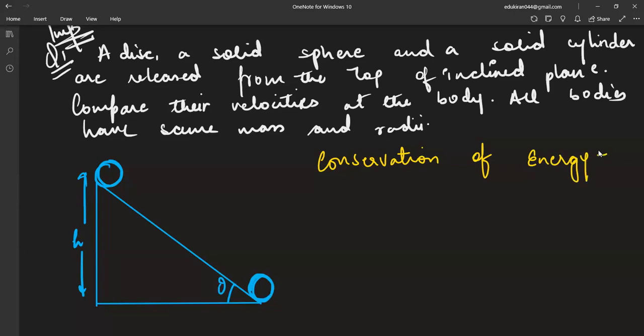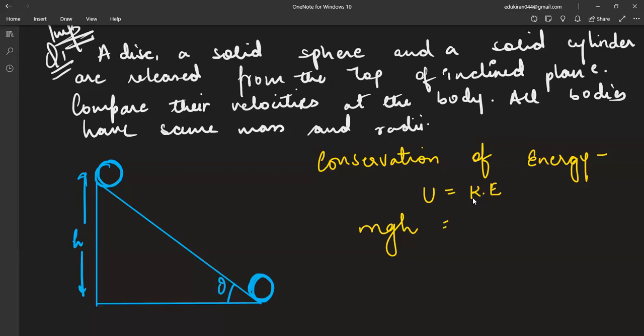From the highest point, potential energy will be converted into kinetic energy. Potential energy will be mgh, height is h, gravitational force acting downwards, m is the mass of the bodies that we have assumed. And then we talk about kinetic energy.